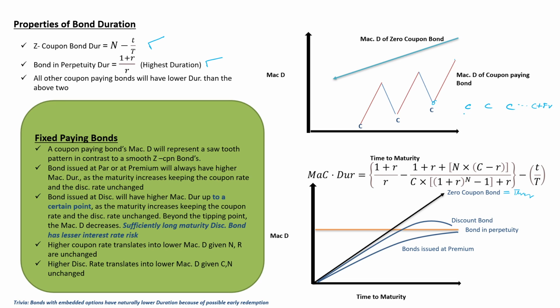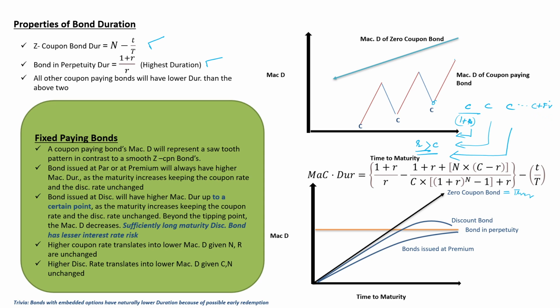If it is a bond issued at discount, it is obvious that the discount rate, or the yield to maturity, is more than that of the coupon, right? So if the denominator by means of which you are discounting these cash flows is greater than the coupon, the present worth of these cash flows will be proportionately smaller, right?